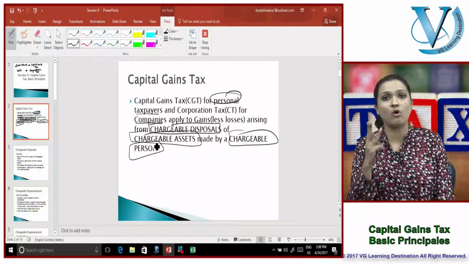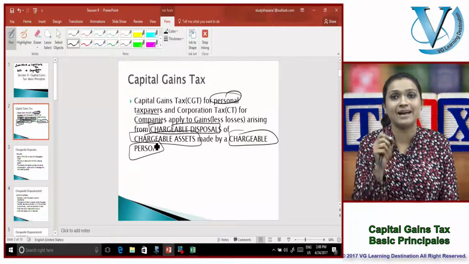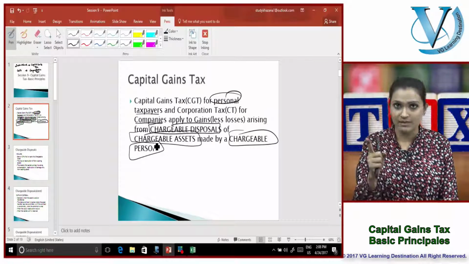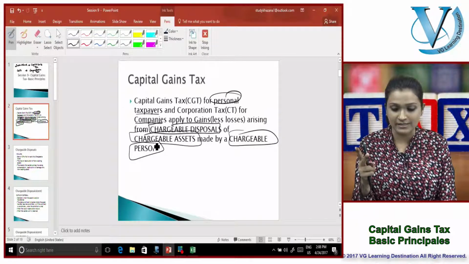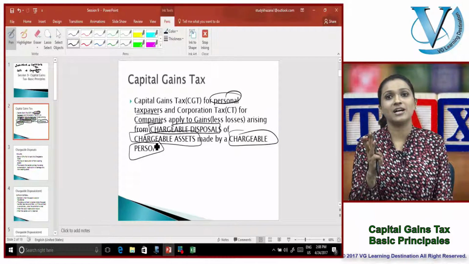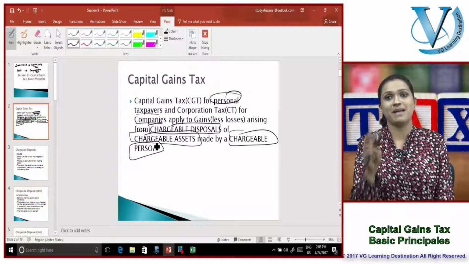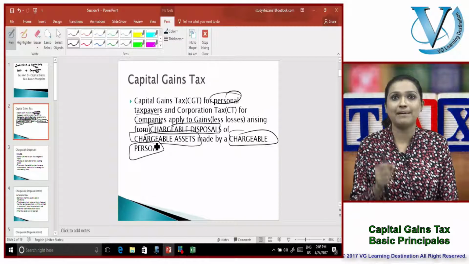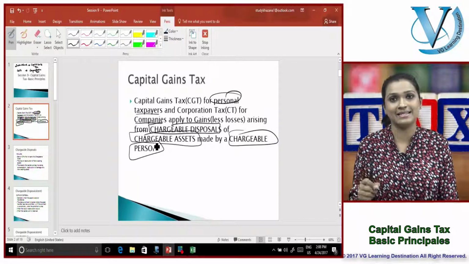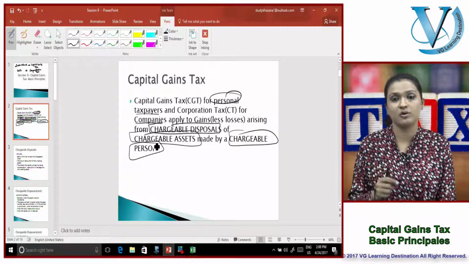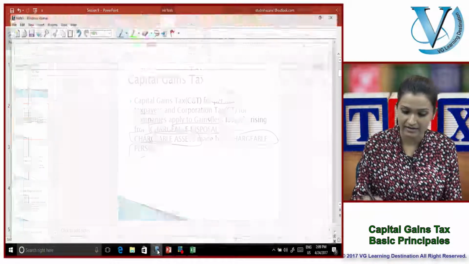So three very important terms we've covered here: gains less losses arising from a chargeable disposal being made by a chargeable person and of a chargeable asset. So we've got three terms to understand which basically give rise to capital gains tax for any individual, or corporation tax if you're talking about companies.